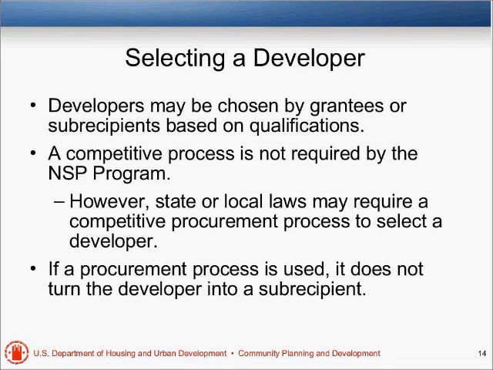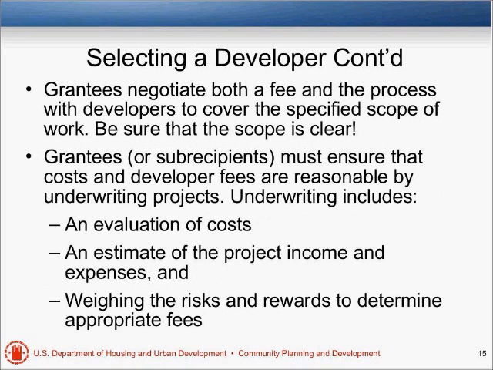Okay, so we understand, let's move on. Okay, selecting a developer, continued. Grantees need to negotiate both a fee and the process with the developers they're working with. And it's extremely important that you have a scope of work and that it's really clear what you expect out of this developer. If rehab is involved, you can often refer to the rehab standards here.